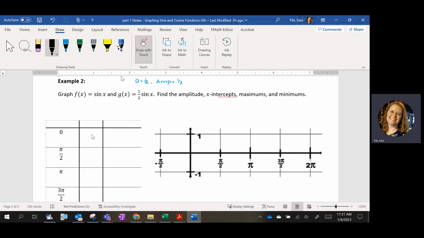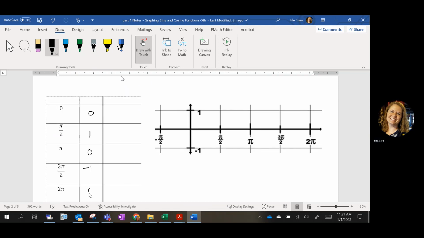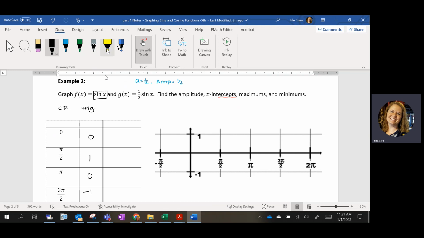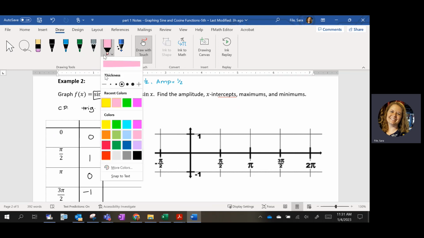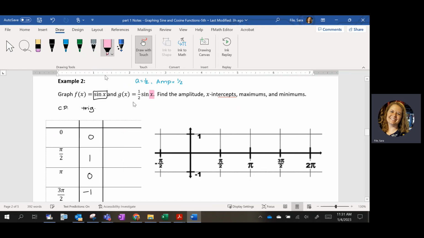All right, so I'm going to do the same thing. This is sine again for the parent function. So it's 0, 1, 0, -1, 0. So that's my critical point and trig column. Okay, what I'm taking sine of this time is still just x. There's nothing inside the trig function with it, just x.